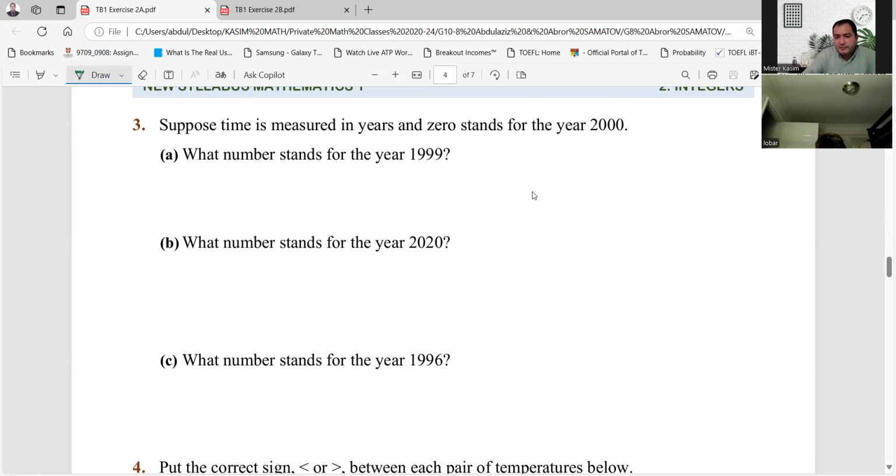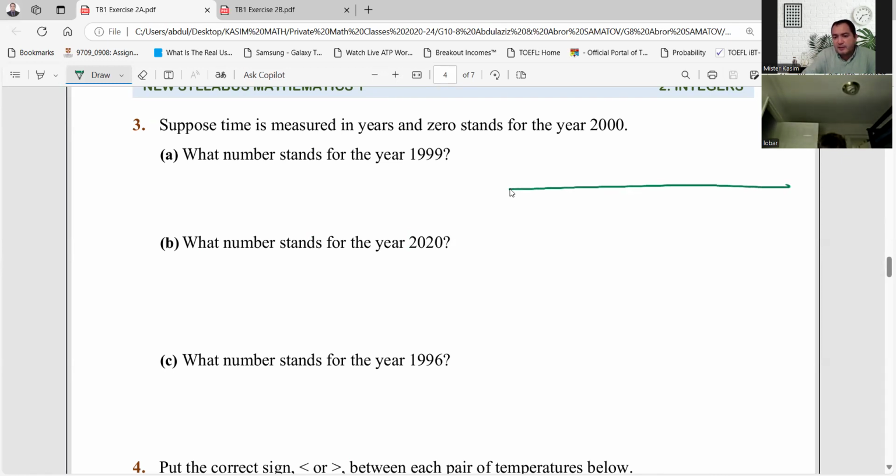So if you draw a timeline here, this one is 0, that stands for 2000. Then what number stands for the year 1999? Negative 1, because 1999 comes before 2000, right? The number that is 1 year to the left of 0 is negative 1.